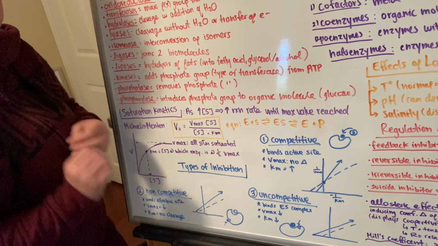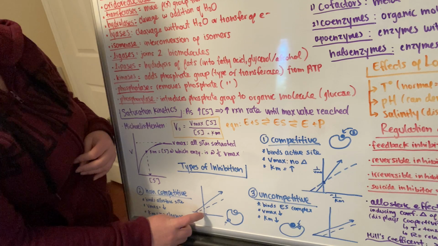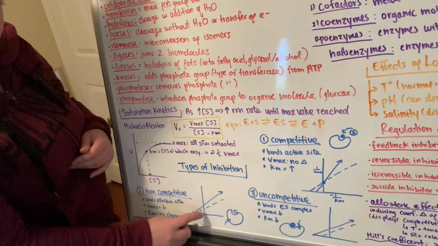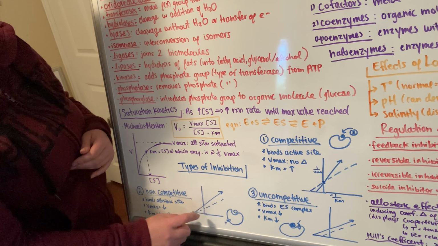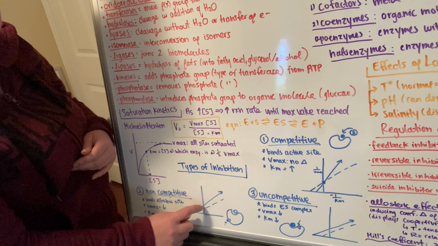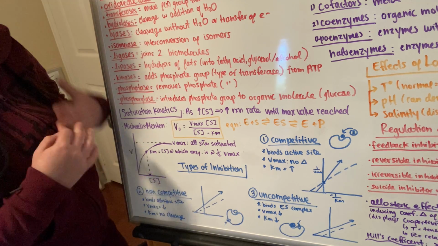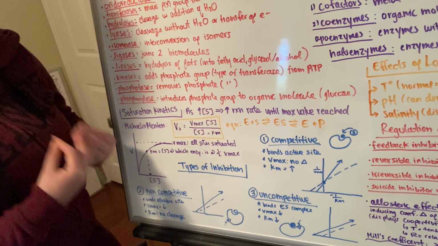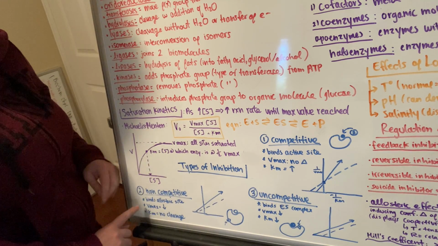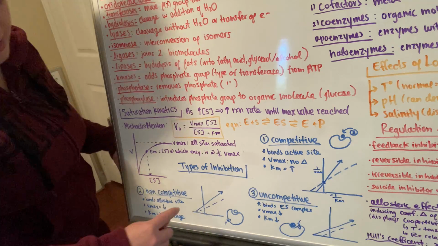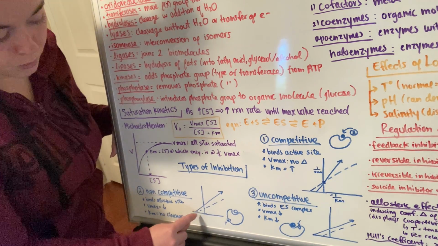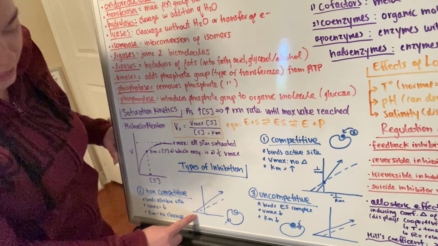And because it's an inverse plot, that actually means that it will be above the original line. And although that may be confusing to grasp, how I understood it was, okay, if the Km has no change, that means that they're going to stem from the same point on the x-axis.